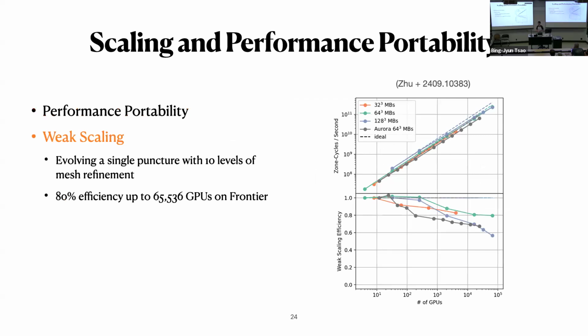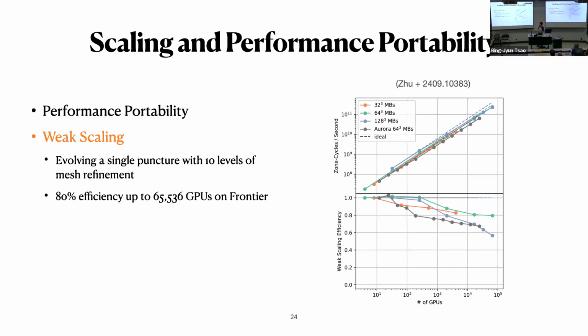Okay, now to scaling tests. So we aim at running on these exascale machines, so weak scaling is important. Basically, in scaling up the computational resource, we also scale up the problem accordingly.